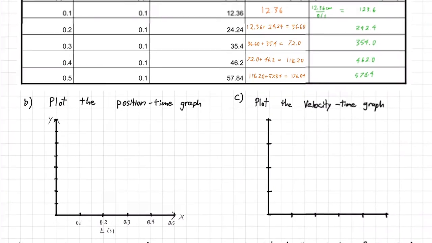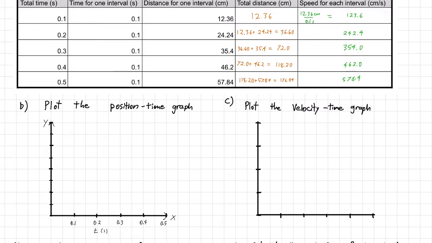Then what do we put on our y-axis? Well, we're looking at the position time graph, so that's how much distance we've traveled, and this is cumulative, so we'll be looking at the total distance.